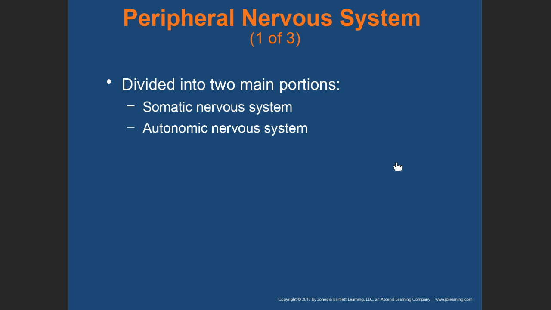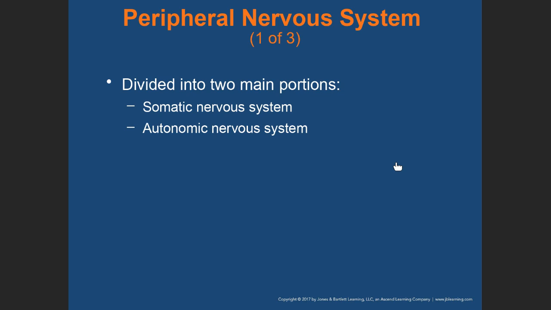When you see the term voluntary, it means that the brain needs to directly control that action. When you see the term involuntary, it means that the brain doesn't have to directly control that action.